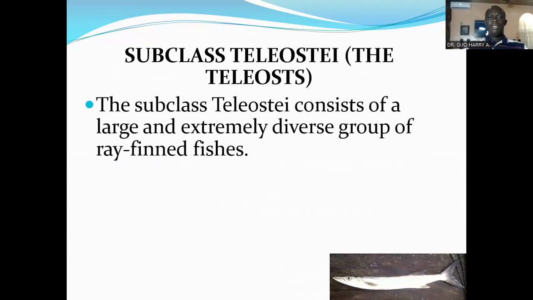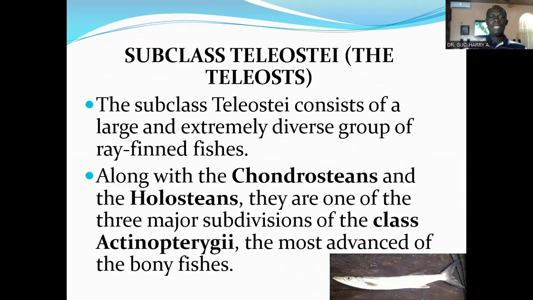The subclass Teleostei consists of a large, extremely diverse group of ray-finned fishes, along with the Chondrosteans and Holosteans. They are one of the three major subdivisions of class Actinopterygii, the most advanced bony fishes.